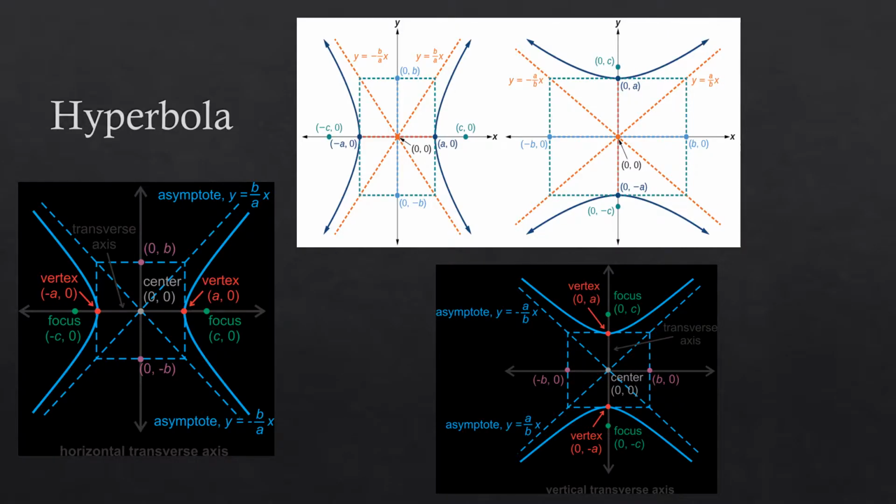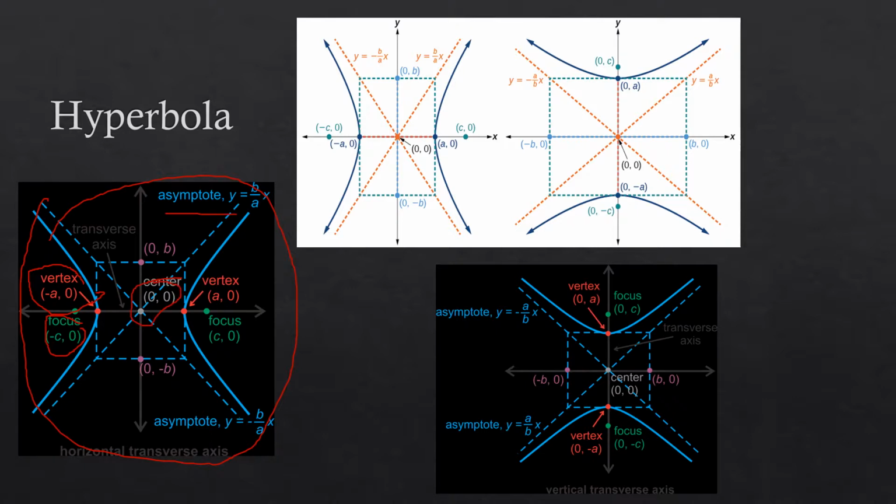Here are some examples of hyperbola. This is a horizontal transverse axis, and it shows on this graph the vertex, the focus, and where the center should be.